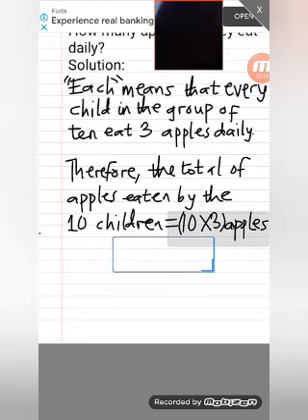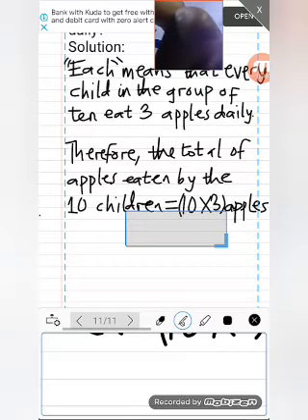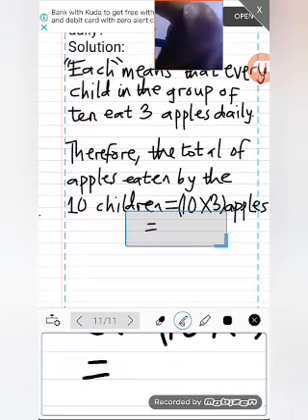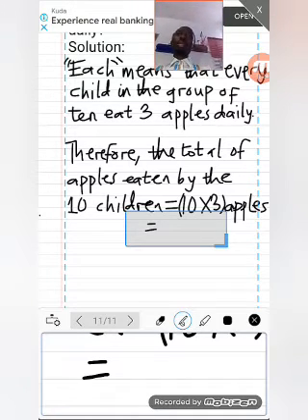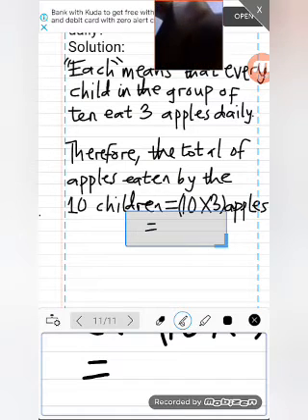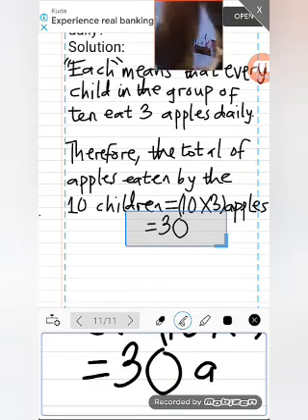And remember, when we are multiplying by 10, we just add the 0 behind the number, the other number. So 10 times 3 would be 30 apples.